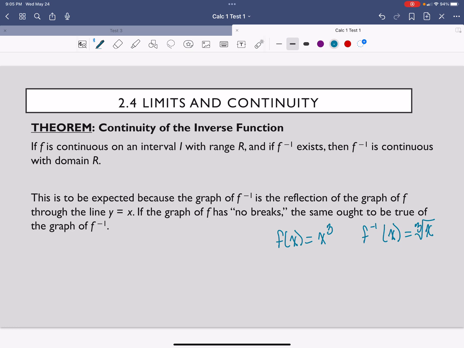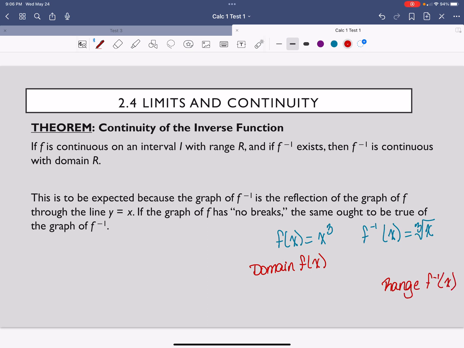Okay, so if f is continuous on an interval with the range, then f inverse exists and f inverse is continuous. That's just because if you remember, the domain of f of x is going to be the range of f inverse of x.